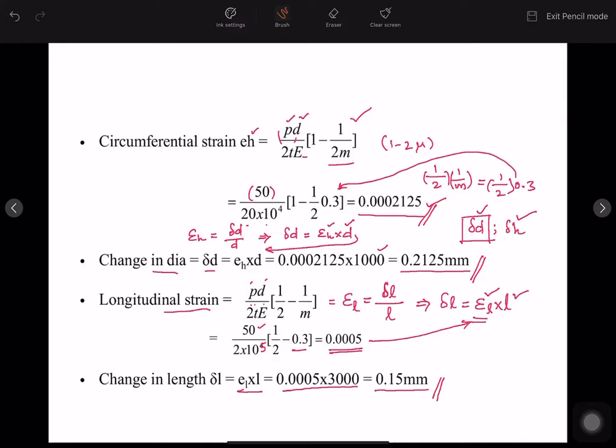So these two are the ultimate answers which we needed to find out, which are change in diameter and change in length. This type of problem is very important, as it involves all the concepts which we have discussed earlier.